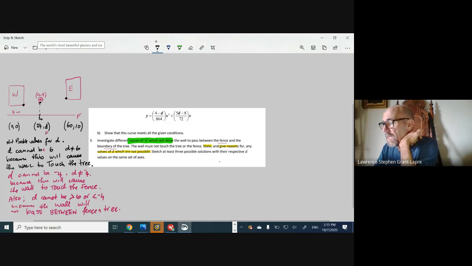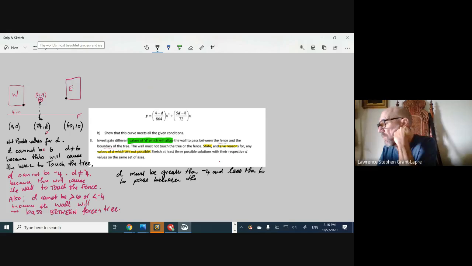Our values for D must be greater than -4 and less than 6 to pass between the fence and the tree, sorry.